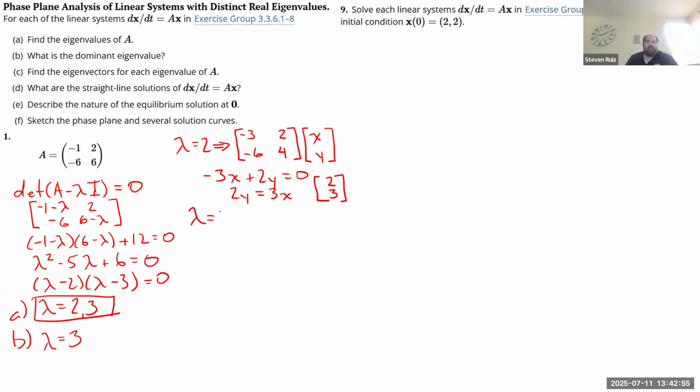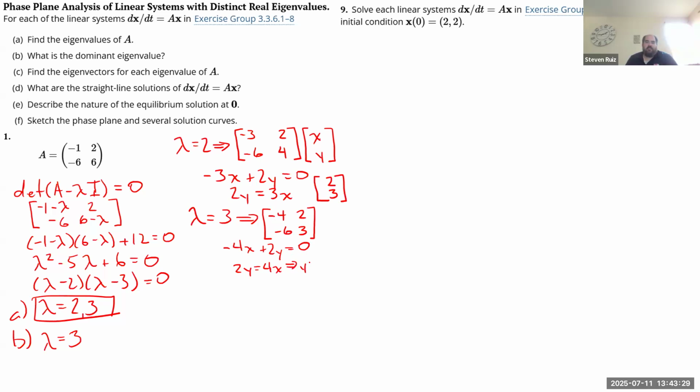Then lambda equals 3. Again, I'm going to reconstruct. Now I'm going to make the matrix A minus 3I. That'll be -4, 2, -6, 3. Again, I'm going to take the top row. Top row gives me -4x plus 2y equals 0, or 2y equals 4x.